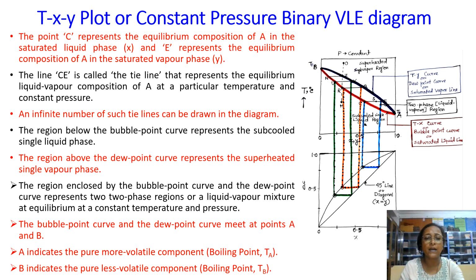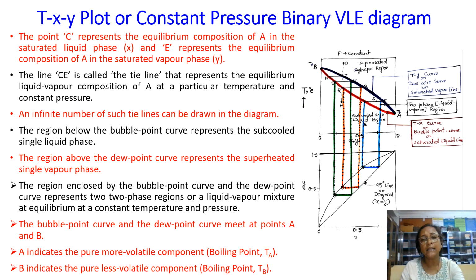Now the bubble point curve and the dew point curve meet at point A and point B, where A represents the pure more volatile component and B represents the pure less volatile component.